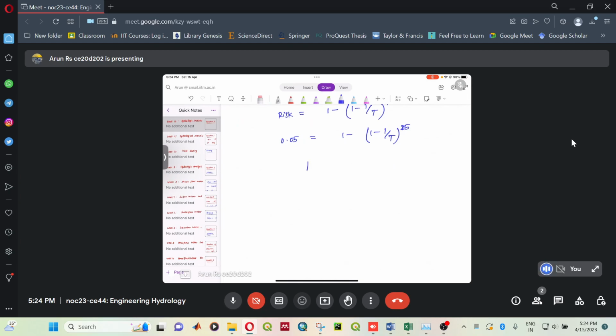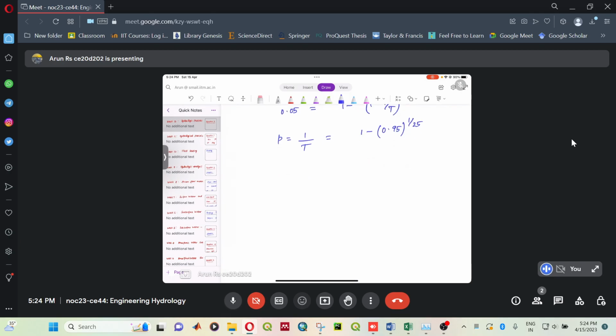So from this we can estimate the value of 1 by T, that is the probability, which will be 1 minus 0.95 to the power of 1 by 25.